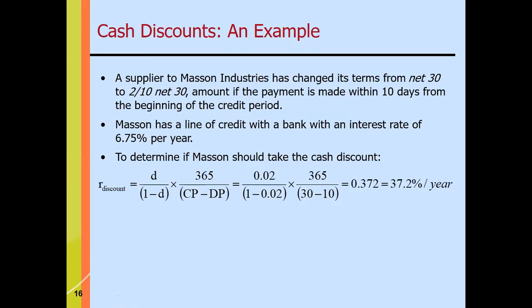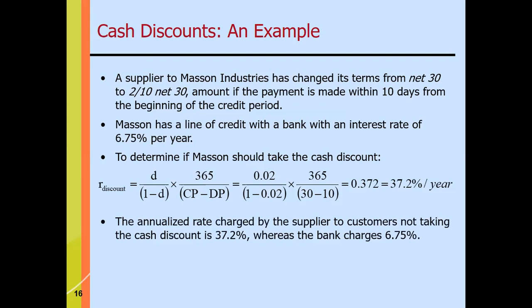And that would be equal to 0.372 or 37.2% approximation, per year. So if we do not avail of the discount and make use of whatever money that we have, then in that sense, the discount forgone is at the rate of 37.2%.